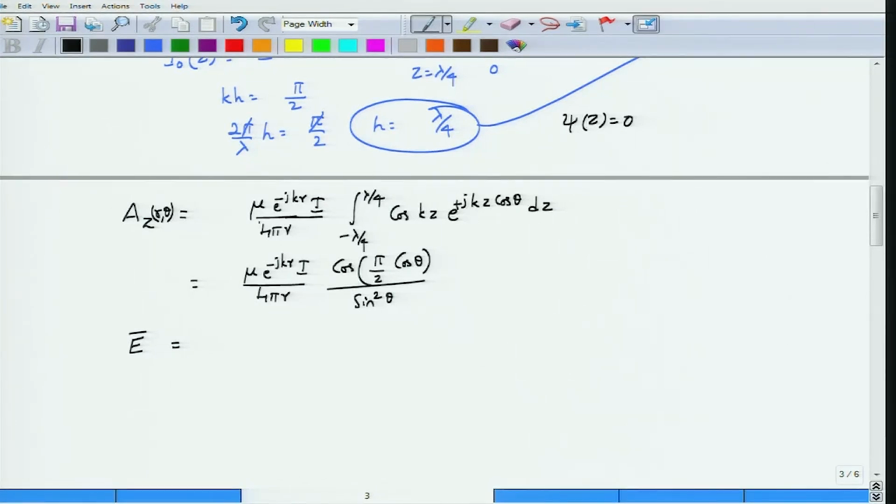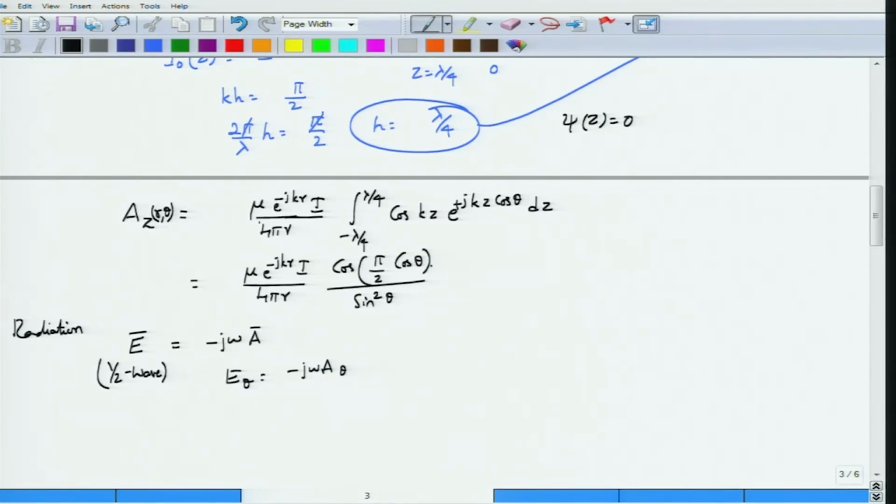The electric field E for the half wave dipole, or a lambda by 2 dipole as sometimes this is called, will also have two components, E theta and E r, and in the radiation zone E must have only theta component and H must have the phi component. The electric field E is related to the magnetic vector potential by minus j omega A. Therefore, E theta will be equal to minus j omega A theta. Find out the A theta component for this vector potential.